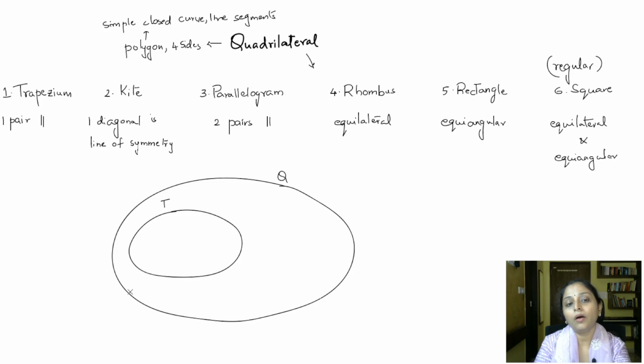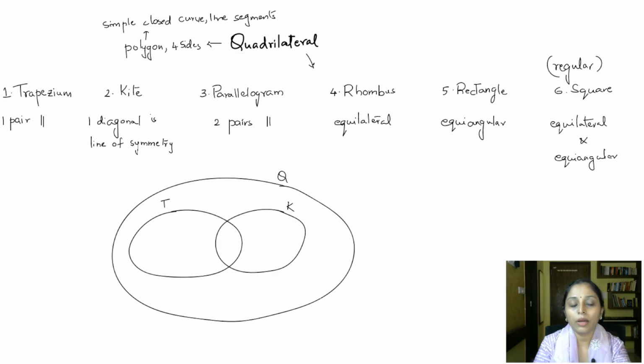Now kite is a quadrilateral, so it has to be a subset of quadrilateral. One diagonal is a line of symmetry. This is not a condition for trapezium, so all kites are not trapeziums. There might be an overlap, so I'm going to just draw an overlap. We'll see what that overlap could be. But this is going to represent our set of kites.